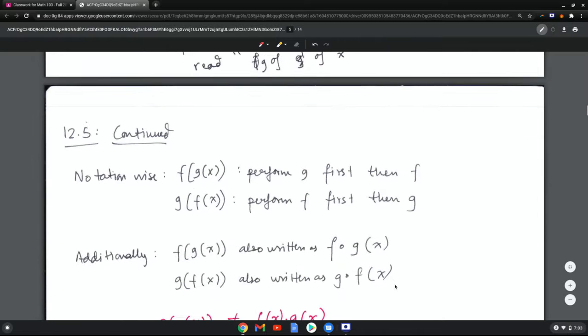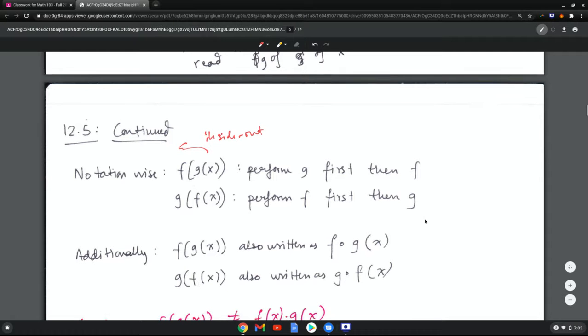Notation: similarly, if you have f(g(x)), we perform g first, so inside out, followed by f. If it's g(f(x)), then we perform f first and then g. Sometimes f(g(x)) is also written as (f∘g)(x), and g(f(x)) is also written as (g∘f)(x).